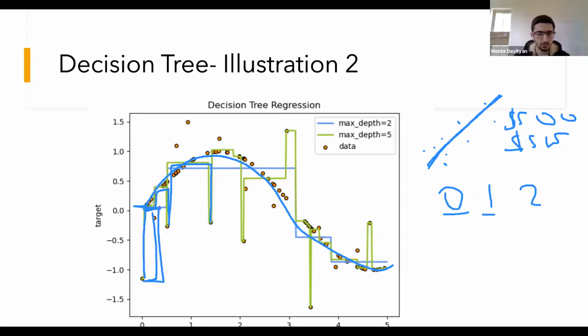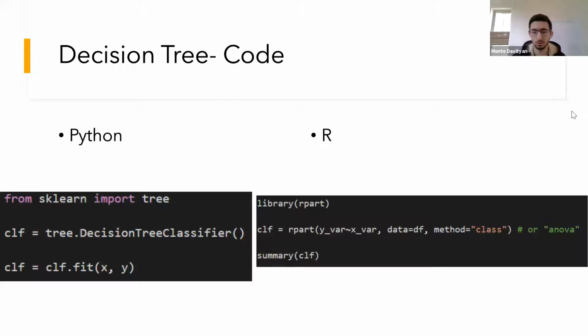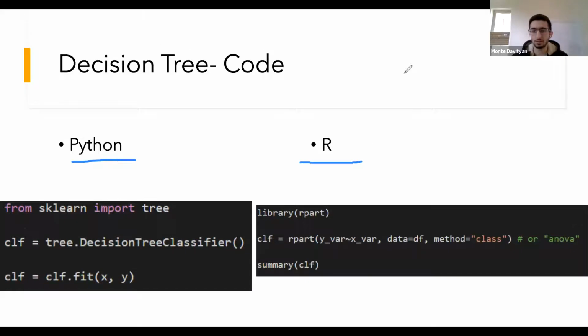Basically, this is some value or rule that determines what the prediction should be. And again, this y-axis is the prediction. We'll see what these rules actually look like, because the best way to learn this is through the code. I recommend Python with this, but we'll go through the R a little bit.